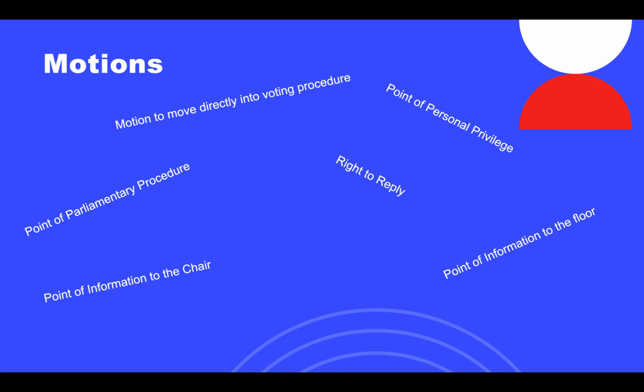If you agree with it, you shout second. If you disagree with it, you shout objection. And if the chair thinks that it's a good motion and that it will help the flow of debate, then they'll usually accept it and you'll just go straight into voting. You can also do this on a resolution. It doesn't really matter. It's basically to move directly into voting procedure on whatever you're currently talking about.